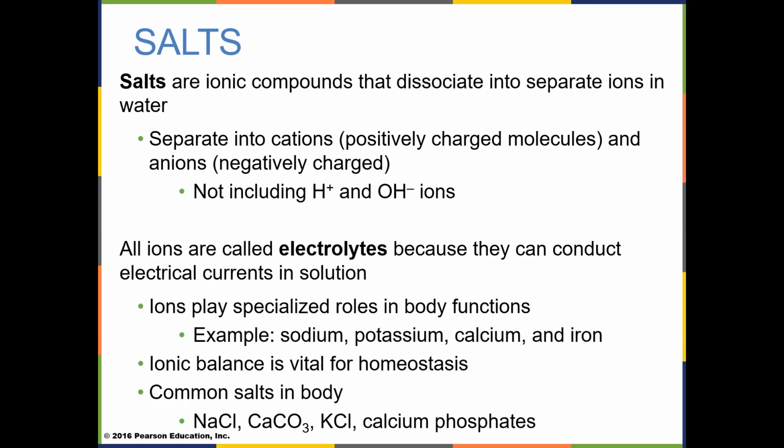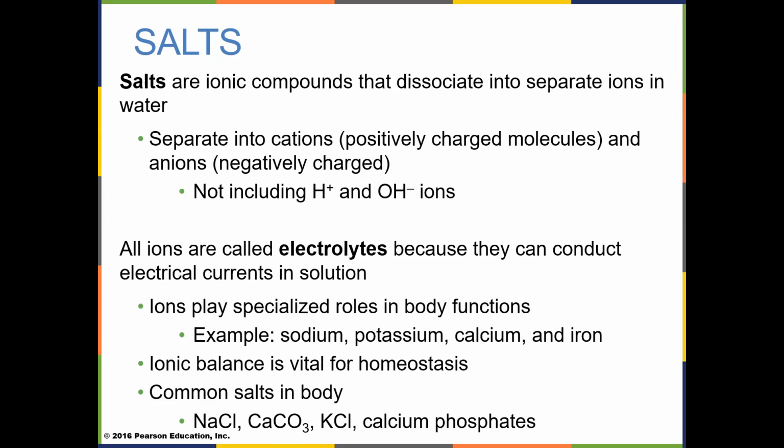The ability to contract our muscles depends on electrical charges going into the muscle cell thanks to sodium on the outside of the cell and potassium on the inside. We call all these ions electrolytes because they can carry a charge.